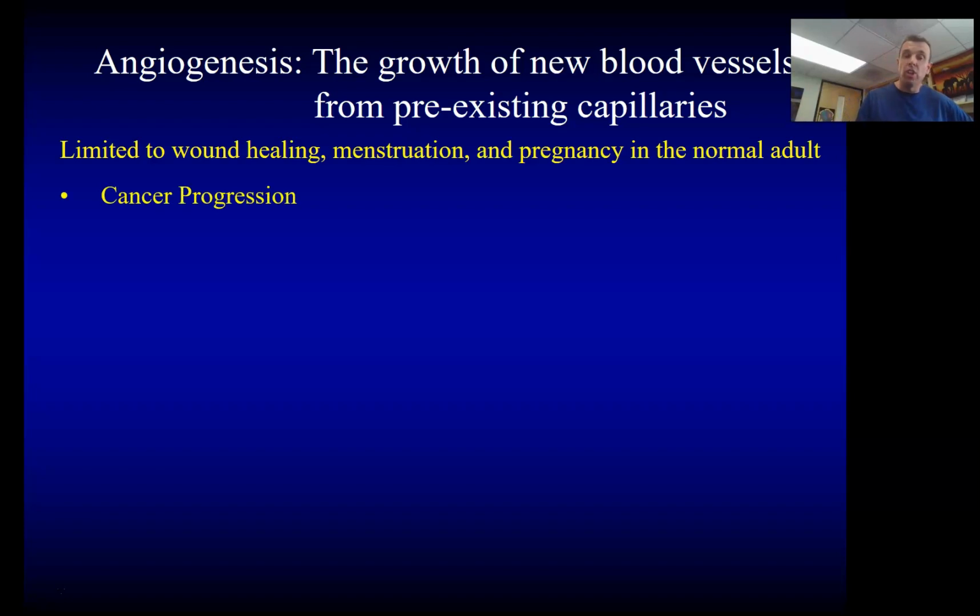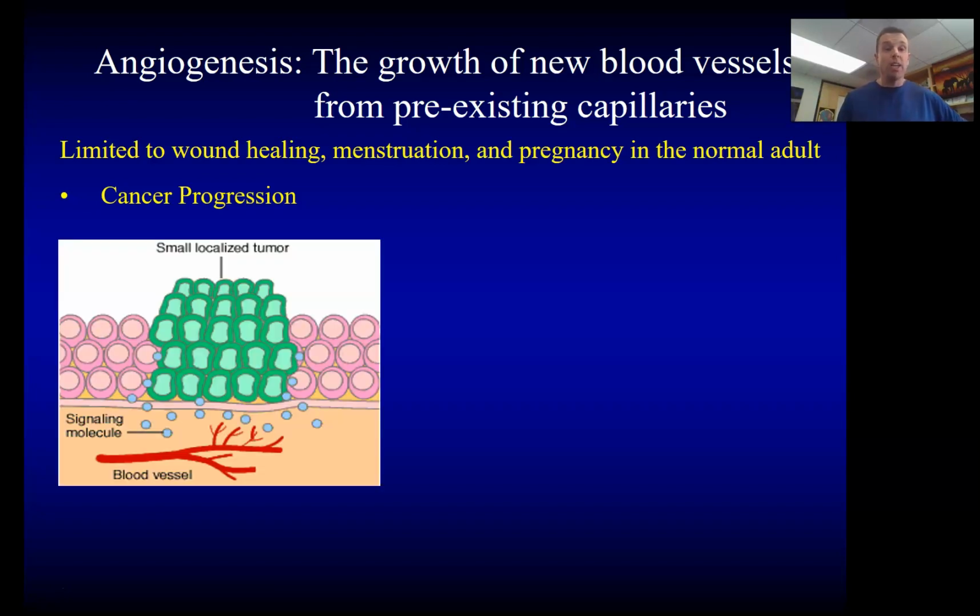However, again, in normal, healthy adults that aren't pregnant, this is highly limited. And so it really only happens when this process is hijacked by cancer. So after development, the blood vessels you have are really the ones you keep. But if you think about it, what a tumor is doing, it's rapidly dividing cells.